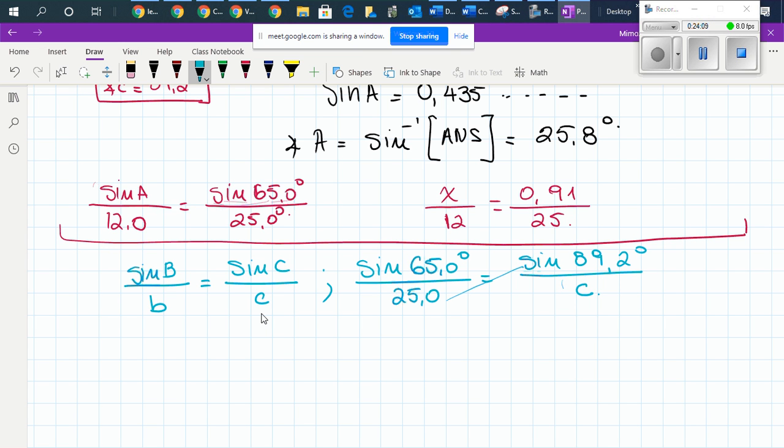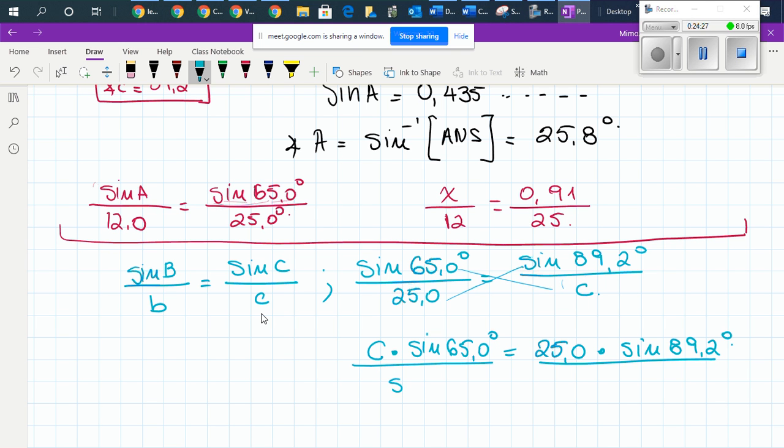Okay, so now cross multiply the two, so you will have C times sine 65 is equal to 25 times sine 89.2 degrees. Dividing both sides by sine 65, we will find that C is equal to 25 times sine 89.2 divided by sine 65.